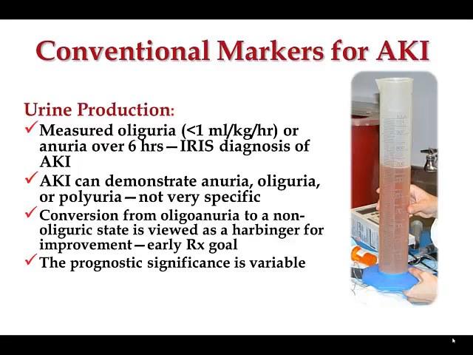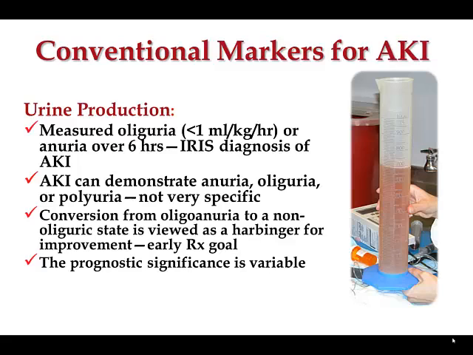We would consider urine production in a hydrated animal, particularly in a dog, of less than 1 ml per kilo per hour, or anuria over a period of 6 hours, to be suggestive and predictive of acute kidney injury. In fact, we're so confident in this that it's become part of the IRIS grading for acute kidney injury.